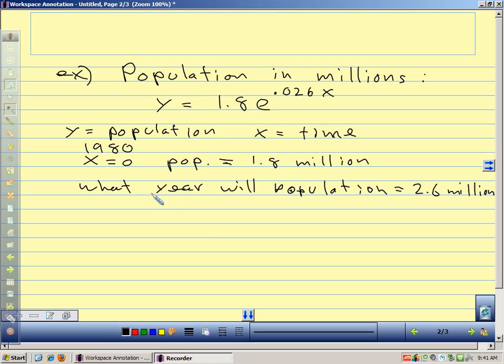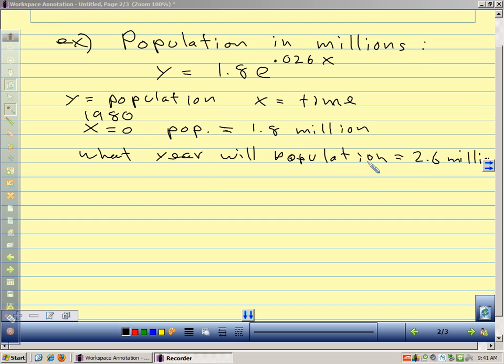That's when we start measuring using this model. So our question is, what year will the population be 2.6 million? We want to solve for x in our growth model. So we plug in 2.6 million for our population: 2.6 equals 1.8 e to the 0.026x. And we have to solve for x.